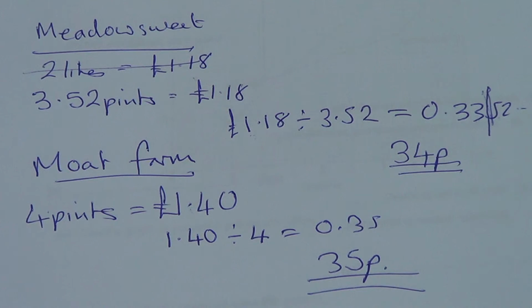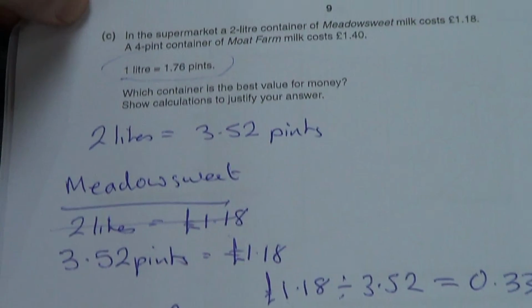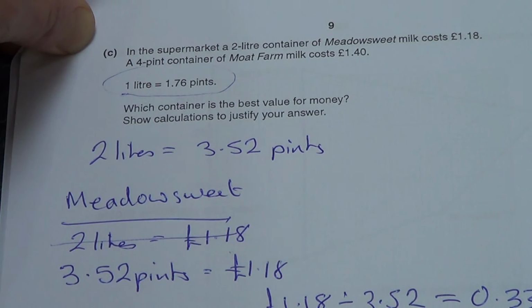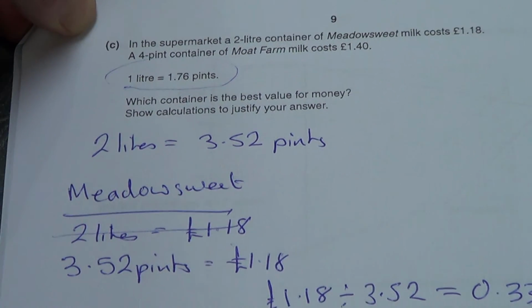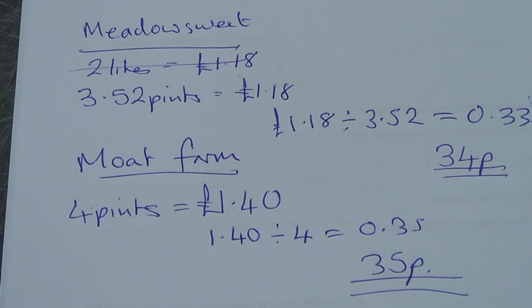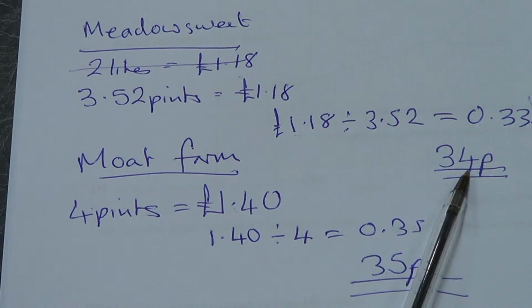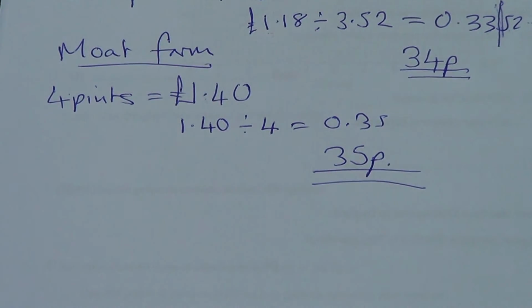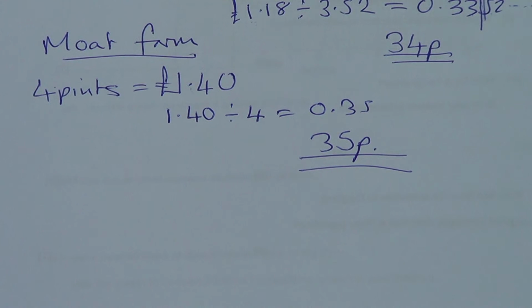The question says, which container is the best value for money? So we're not going to get full marks on this question until we've made a decision about that, and it's dead easy to see now, isn't it? Okay, that's how much per pint for Meadow Sweet, so it's cheaper from Meadow Sweet. So let's just make that clear at the bottom.